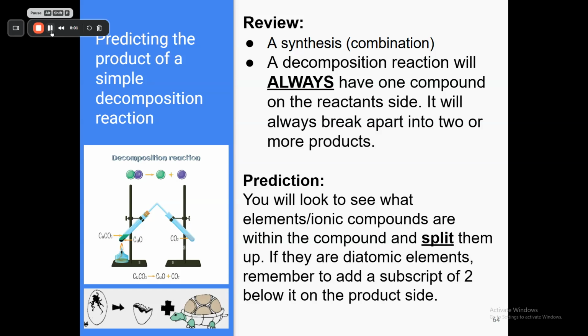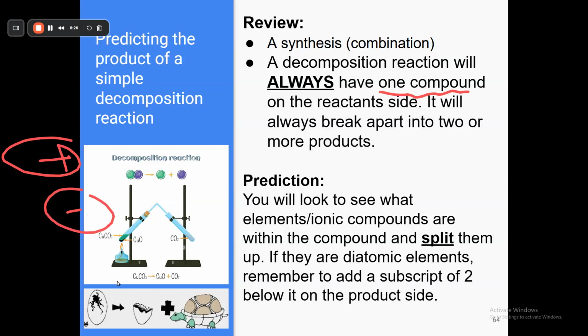Okay, up next, decomposition. With decompositions, you're always going to start with one compound, and then it's going to create products. So when you see something that is simply just one thing, you have to look at it and decide, how is it going to break apart? So here you've got copper, carbon, and oxygen. Remember, you can only have positive entities and negative entities. Again, you have cations and anions.